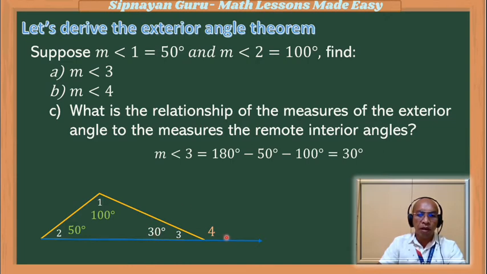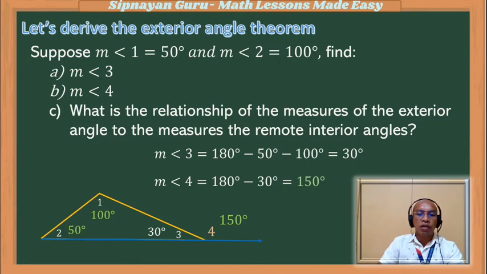A linear pair is supplementary. That means the sum of their measures is also equal to 180 degrees. So if this is 30, 180 minus 30, this is 150 degrees. Now, what is the relationship between the measures of the two remote interior angles, the 50 degrees and 100 degrees, to the measure of the exterior angle?